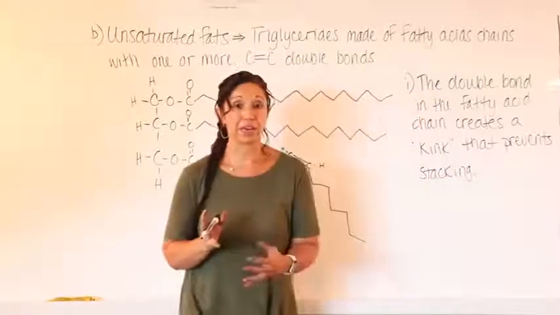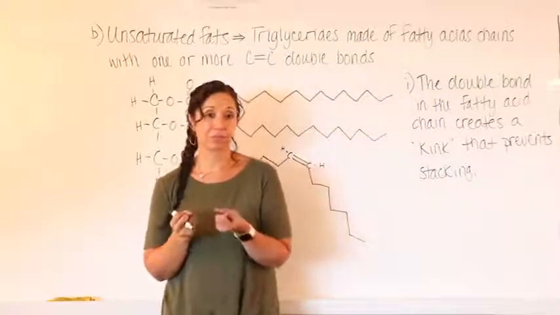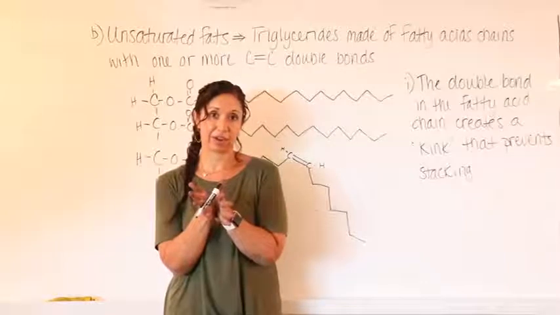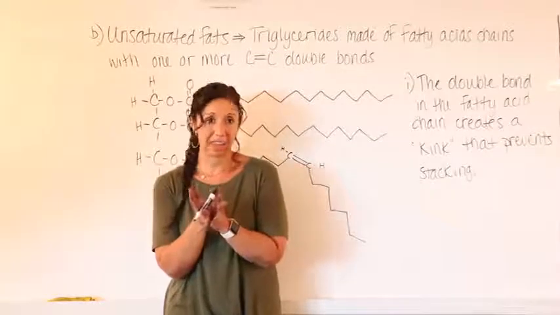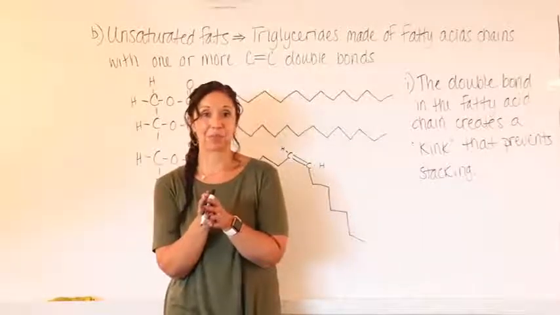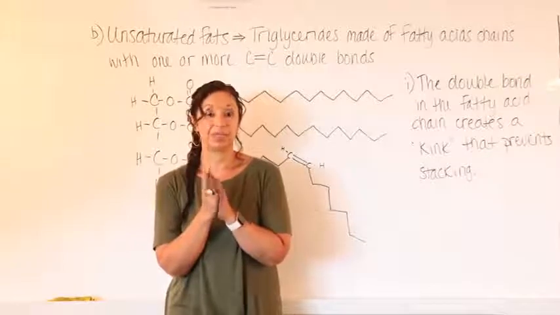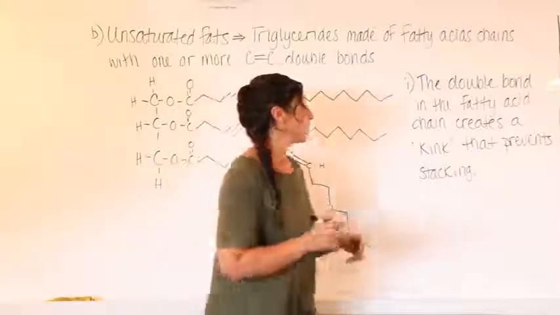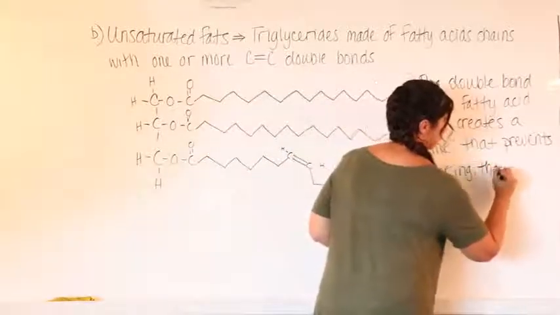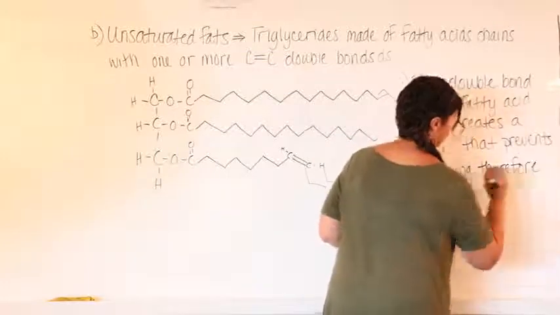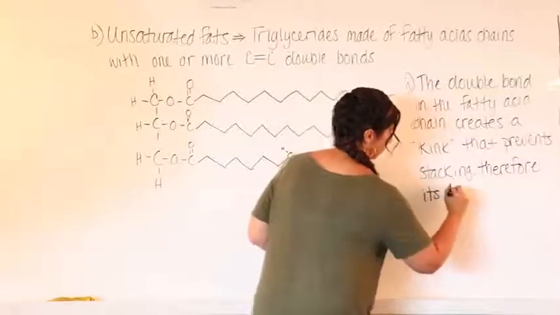So therefore, you can imagine what that would look like at room temperature. If I can stack together at room temperature, I'm solid. If I can't stack together at room temperature, I'm going to be liquid at room temperature. So therefore, it's liquid at room temperature.